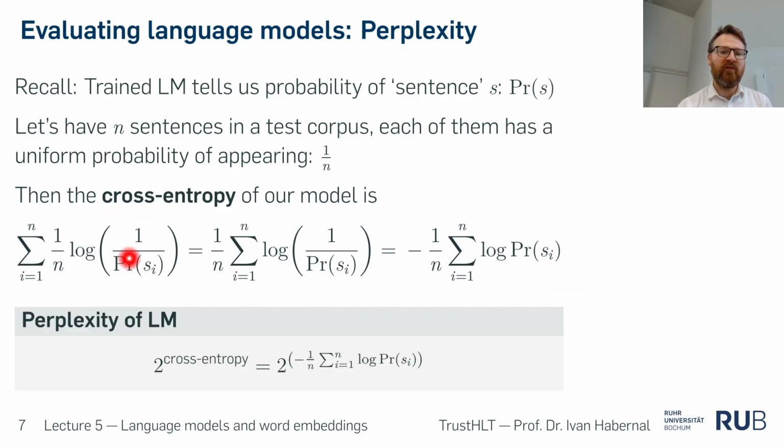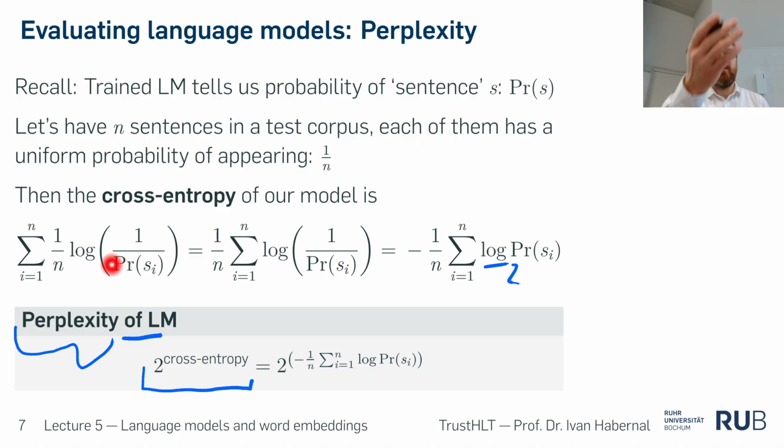For evaluating language models in general, we use something called perplexity. This is 2 to the power of cross entropy, where the logarithm is base 2. And the perplexity, so what does it mean to be perplexed? Like the meaning of the word.